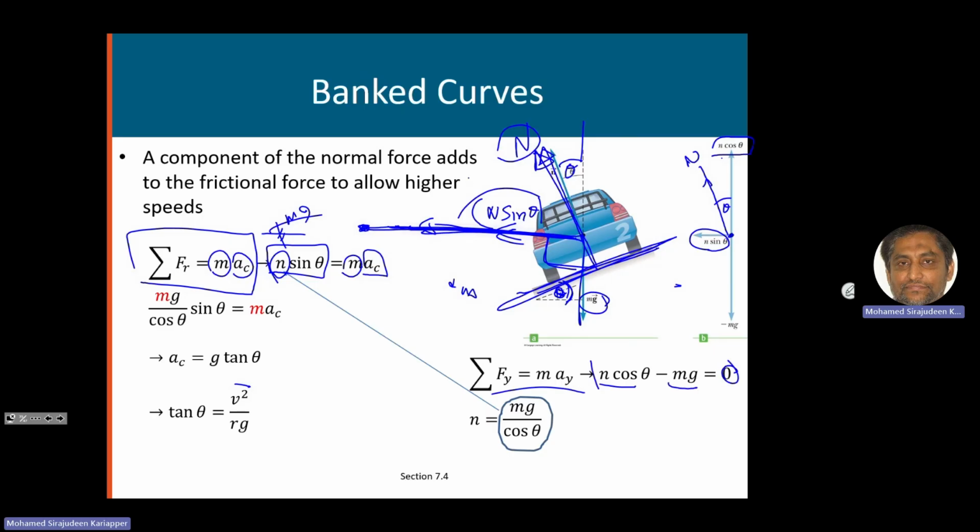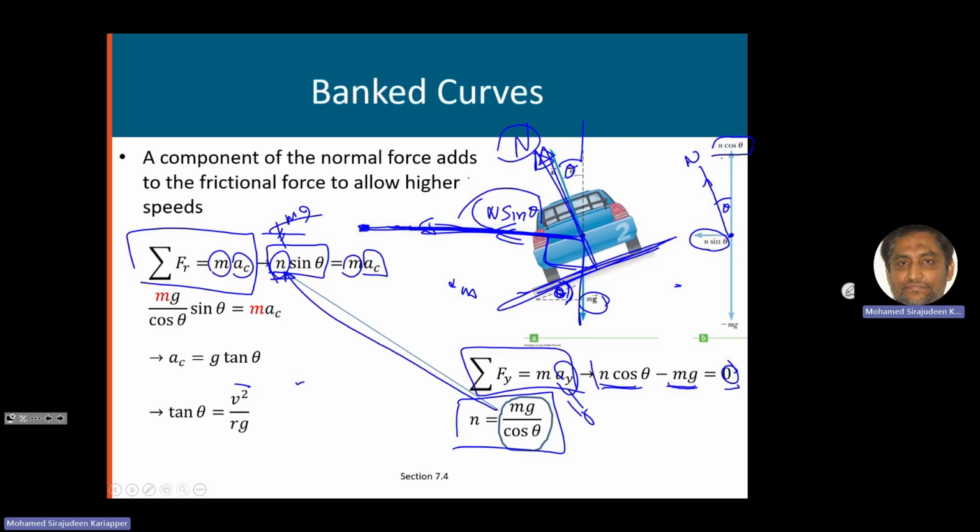When you apply Newton's second law in the y direction, the net force in the vertical direction is equal to mass into acceleration in the y direction. There is no acceleration in the y direction because the car is only moving horizontally. It is not going up or down, staying steadily at the same level. So you get N cosine theta minus mg is equal to 0, which gives us this. So N is equal to not mg, but mg divided by cosine theta. Now I can take that expression and substitute here.